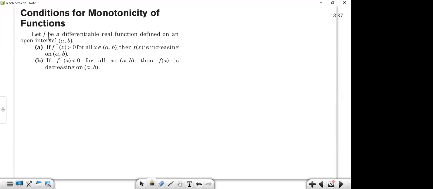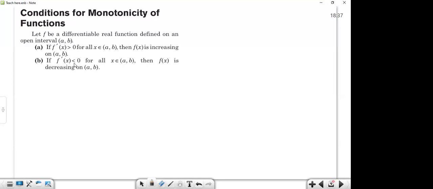So the derivative must be greater than zero for all x belonging to (a, b), then the function will be known as monotonically increasing.